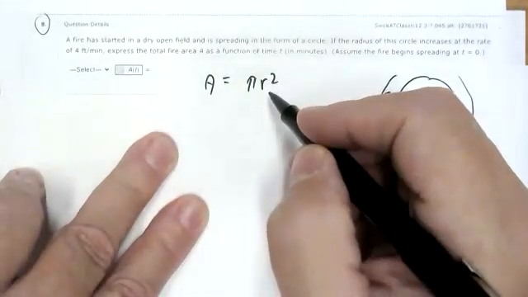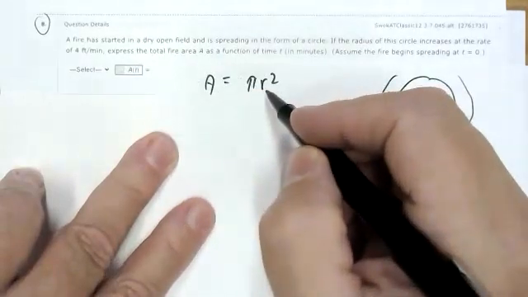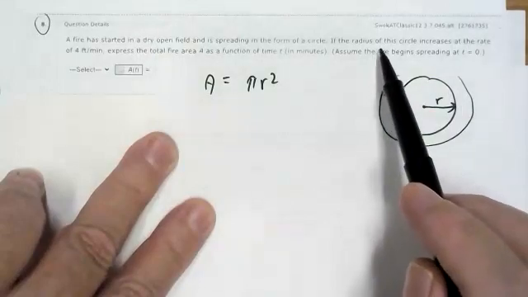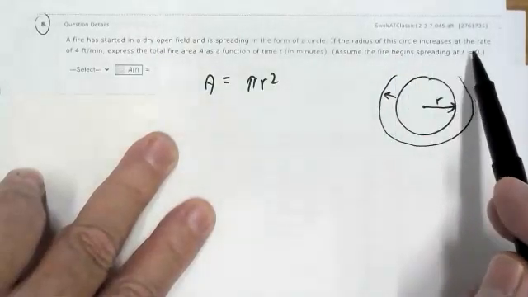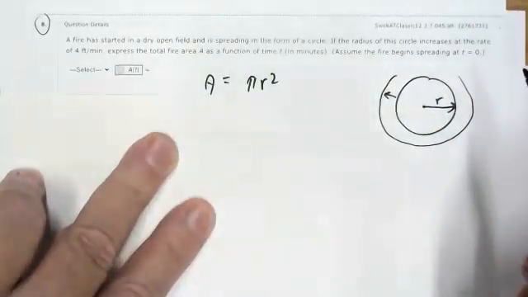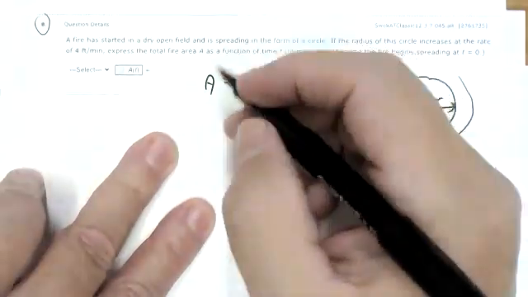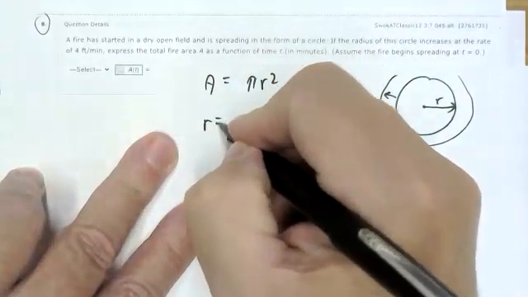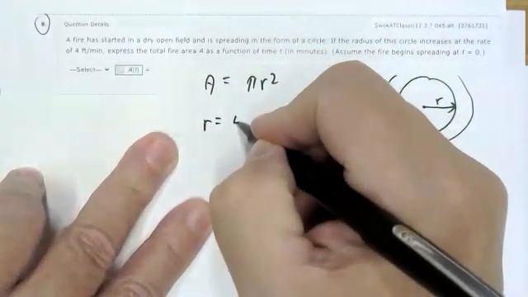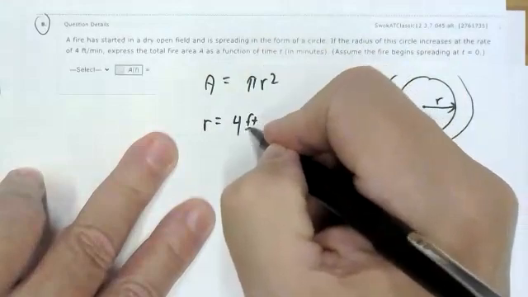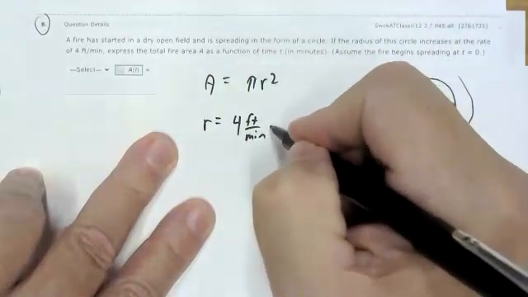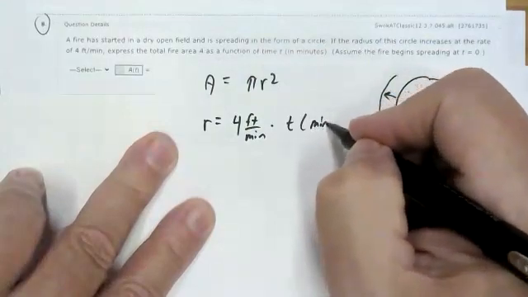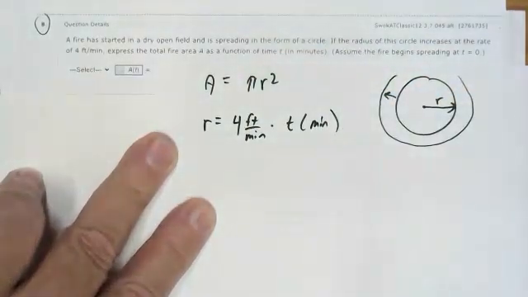So if this is area, how do we involve the time element? Well, the key is, look at this sentence here: if the radius of this circle increases at the rate of 4 feet per minute. Here's what they're basically saying. The radius increases 4 feet per minute, and what you do, you multiply it by t, where t is in minutes.